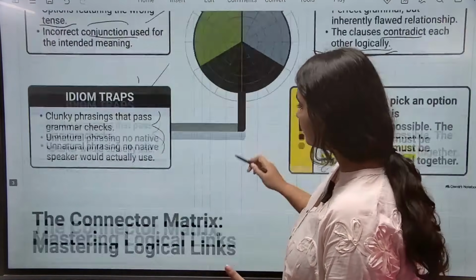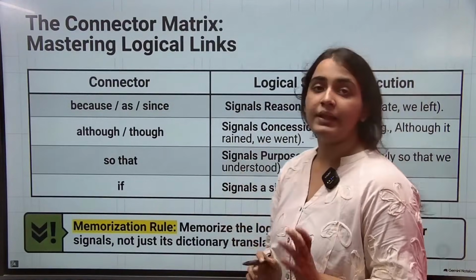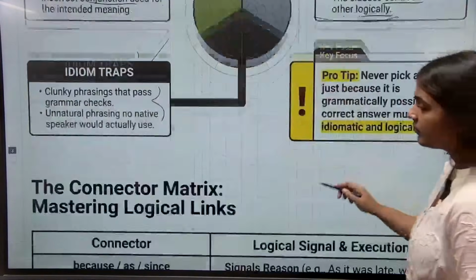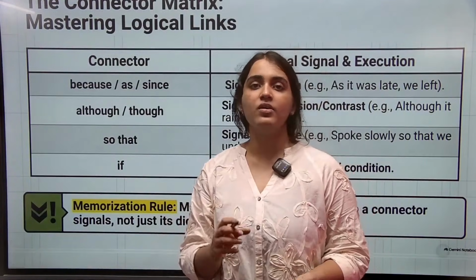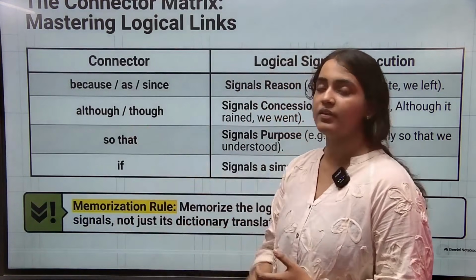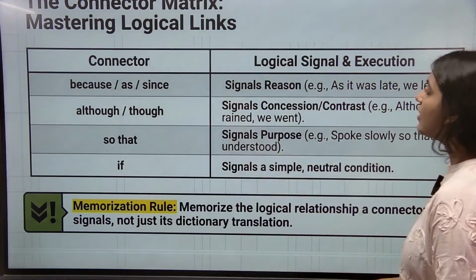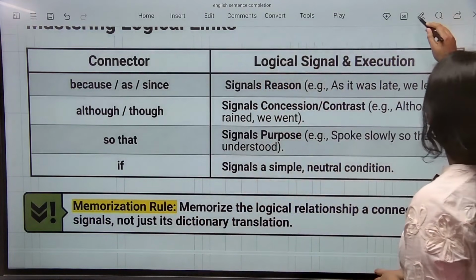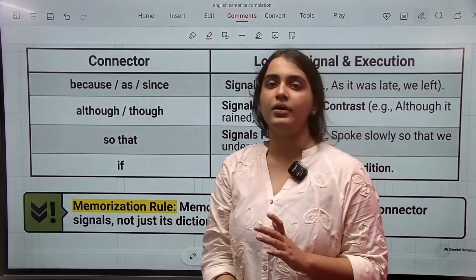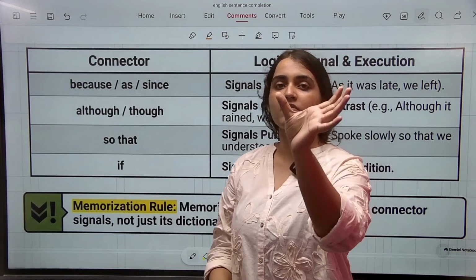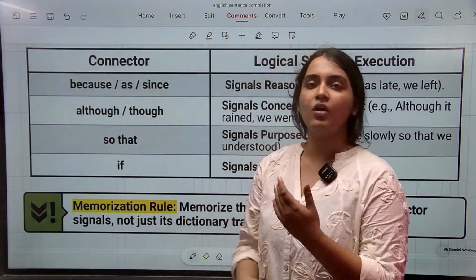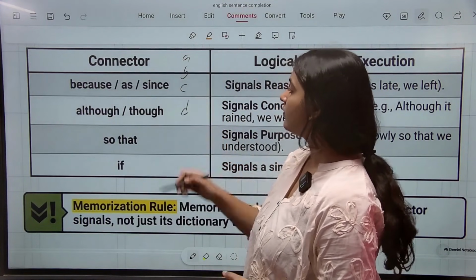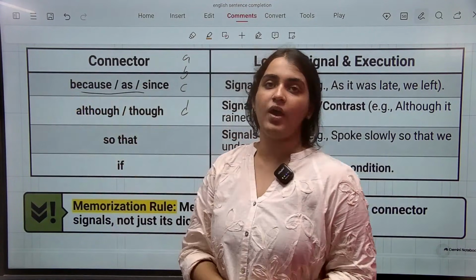Now going ahead, connectors. Because. You need to understand when because is used in a sentence, and when although is used. Because is something for a reason. First clause. Clause means half part of the sentence. You'll be given one clause, the first part of the sentence, and the options are clauses A to D. Because is used if you have to give a reason.